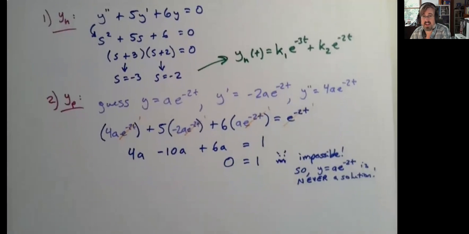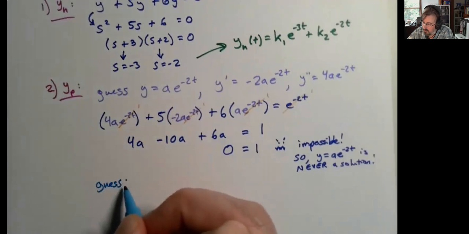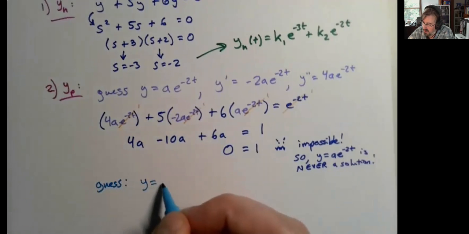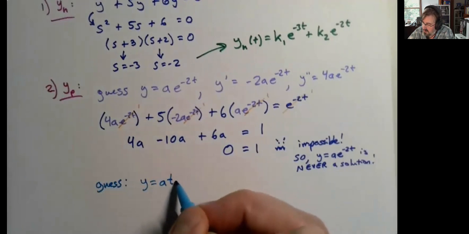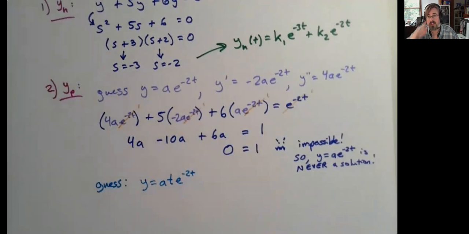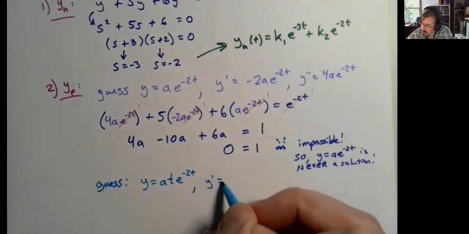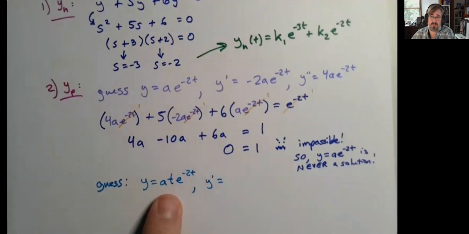And so that's what we're going to do. We're going to say, well, if that guess didn't work, let's try another one. And this is where Stephen is right on the money. We're going to guess a times t times e to the minus 2t. Now, the only thing about this that makes it a little tricky is that's a product rule situation. When we take its derivative, that's a product rule. So if that's y, then y prime is going to have two terms instead of one.